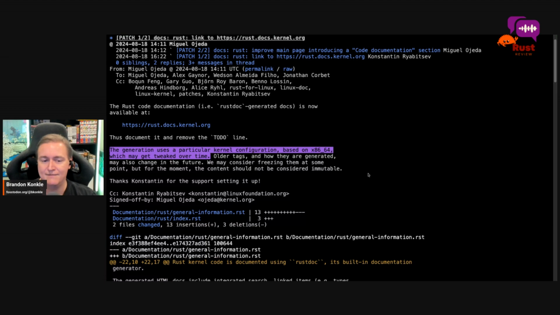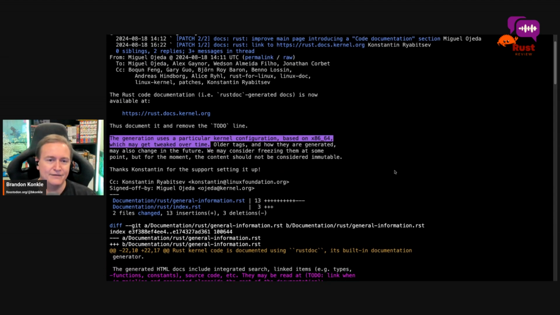So it might be slightly different for ARM or for RISC-V or something like that. But generally, this will give you a good baseline understanding of it. And I think you can most likely regenerate it locally with other configurations to see what's different if you need to. But I think a lot of times the type hinting in your IDE will help you in that regard.